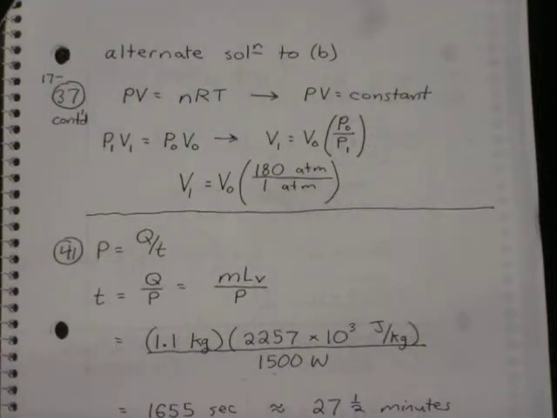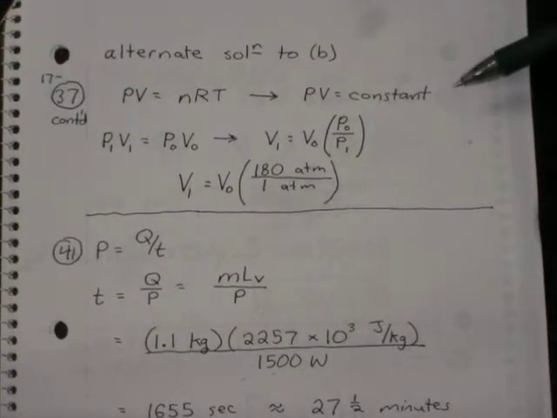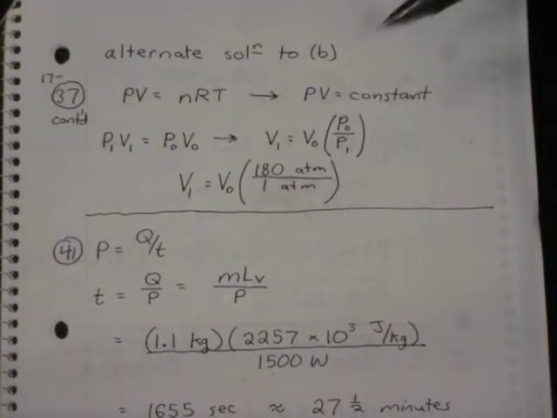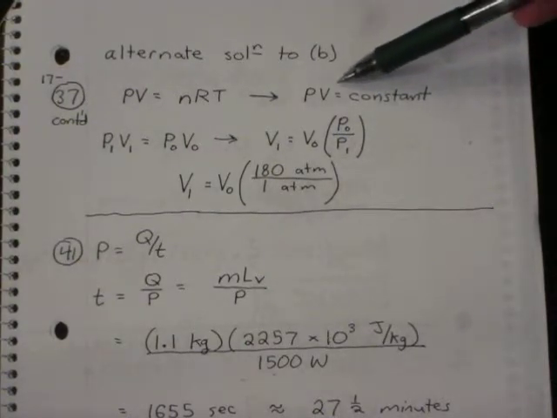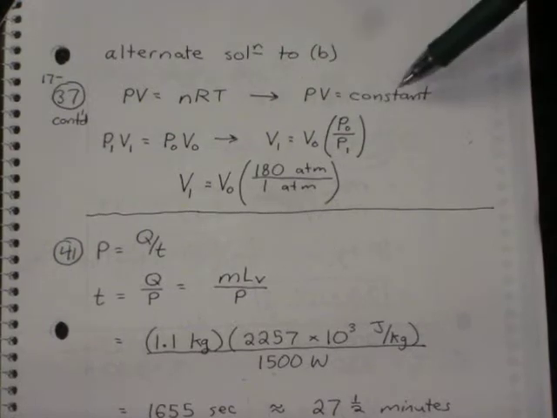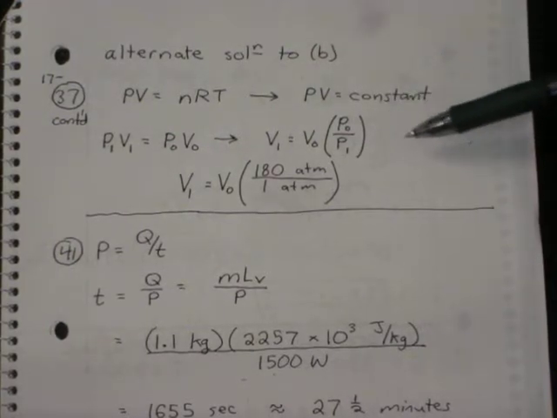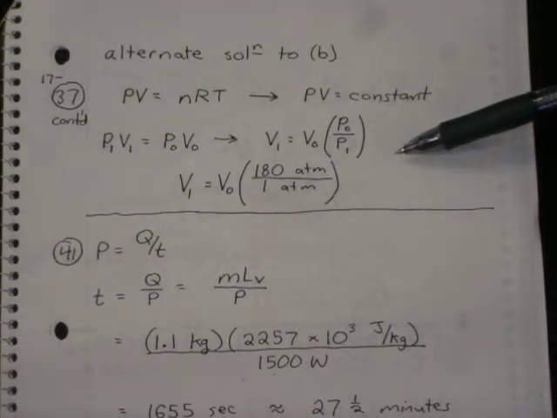Alternate solution to question B. Okay, this is just another way to do it. PV equals nRT. We're going to look at only the things that are changing, P and V. So it's already solved with the changing things on the left. So we can just say PV equals, all these things on the right are constant, which means P1 V1 equals P0 V0.